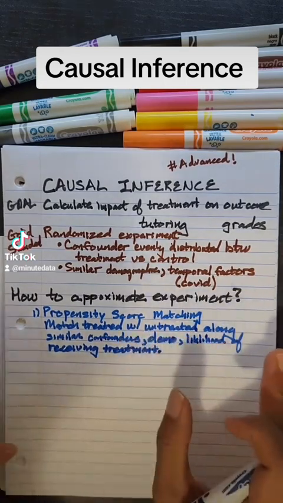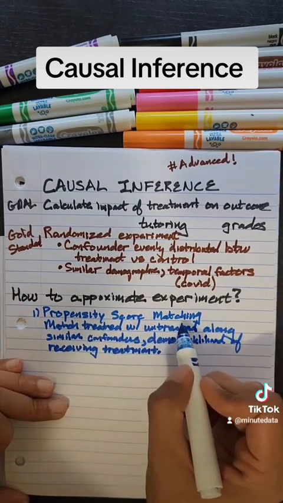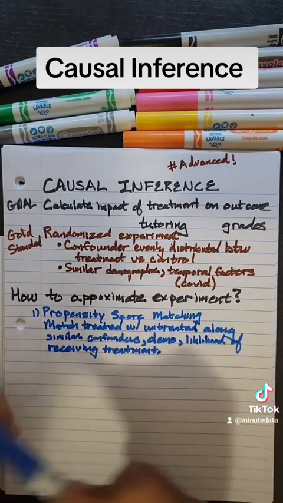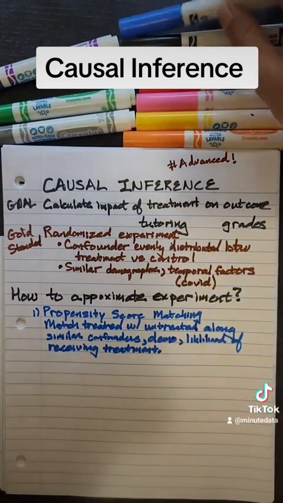Again, it's not a real experiment. We see a bunch of folks that did get the treatment, and we try to match them with untreated folks to act as a sort of pseudo-control. The nice thing about the pseudo-control is we match folks that have similar demographics, confounders, and likelihood of receiving treatment.